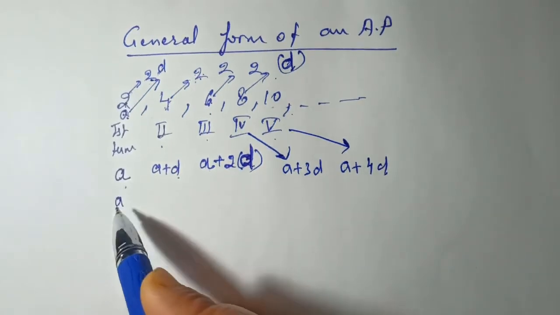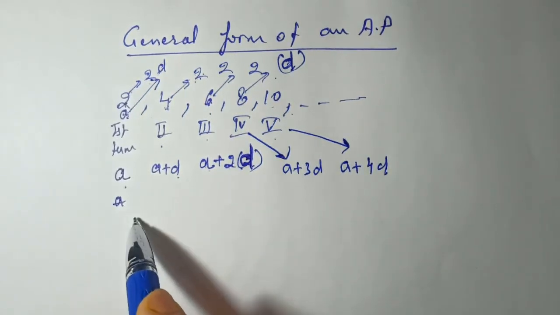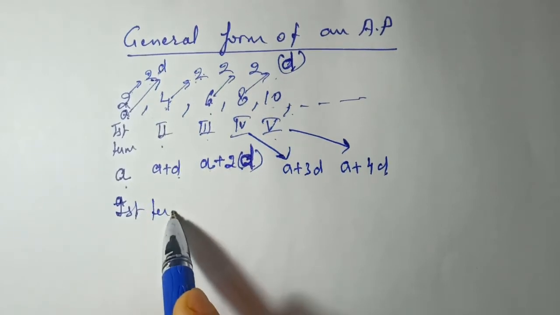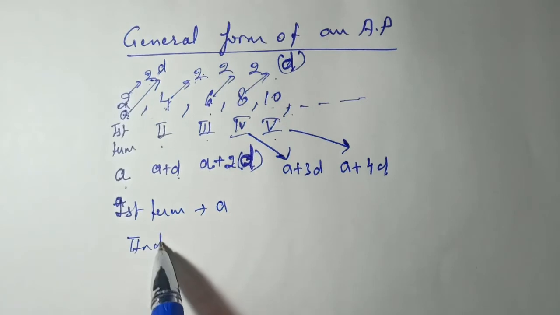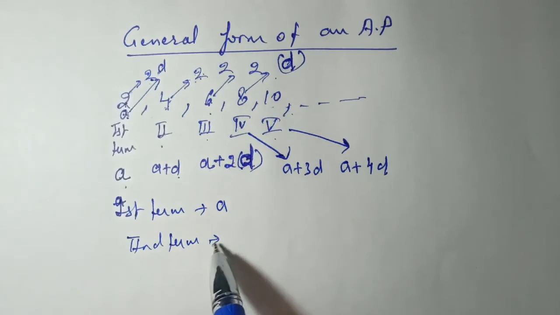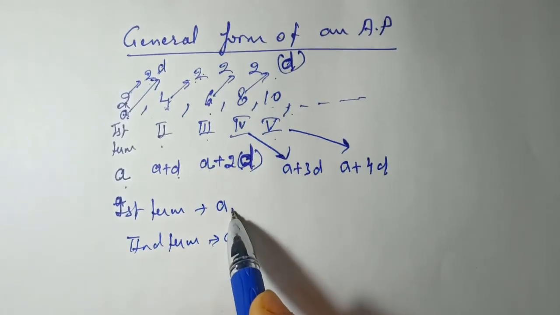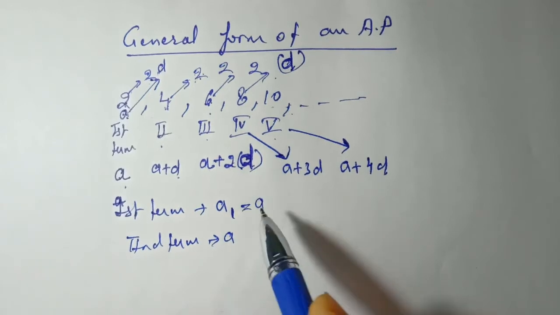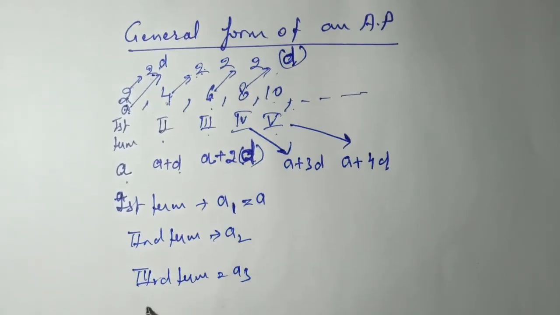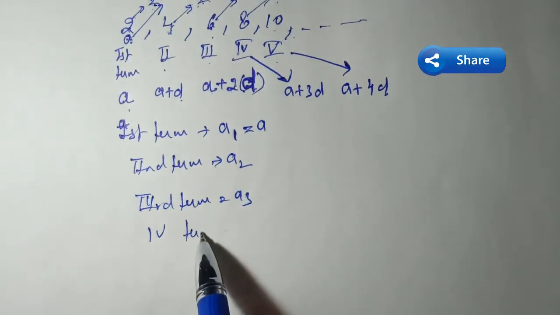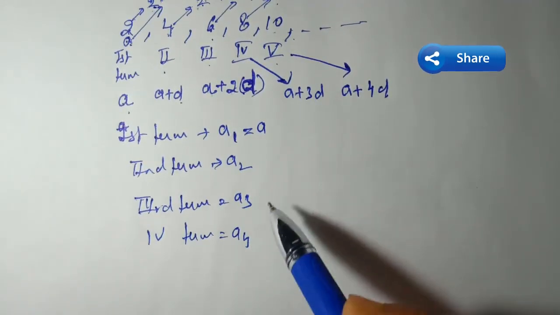So this is the first term, denoted by A, or you can also denote it as A1, equal to A. Second term A2, third term A3, fourth term A4.